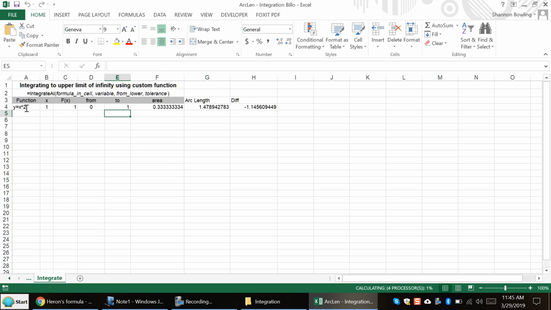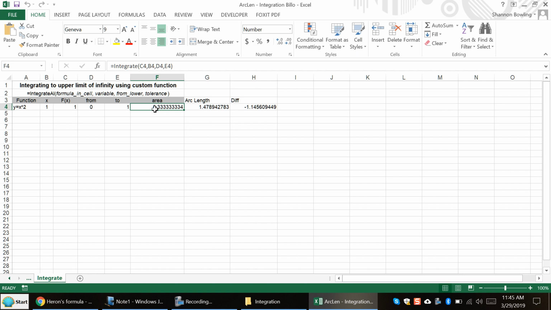Okay, so let's suppose I have this function, y is equal to x squared. And this is from just integrating and calculating areas and arc lengths. So this is my function. Here are my limits.